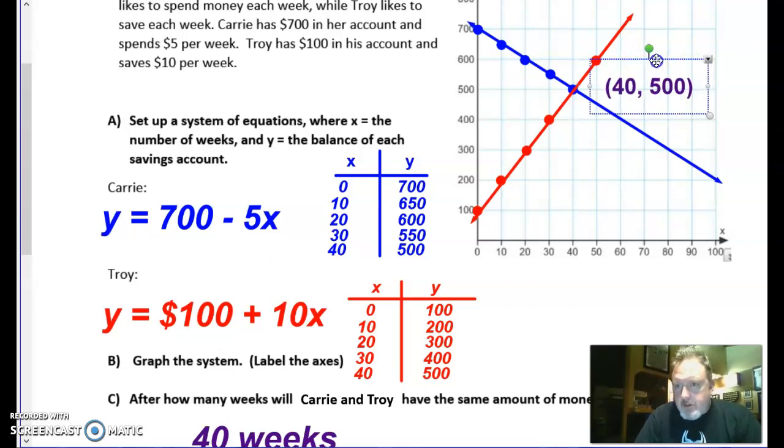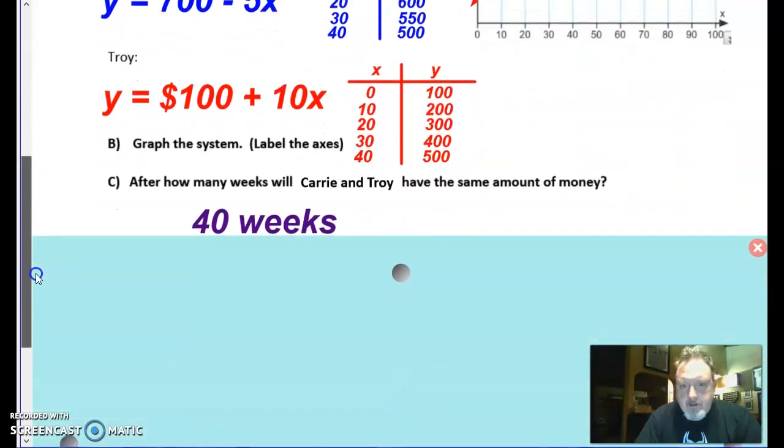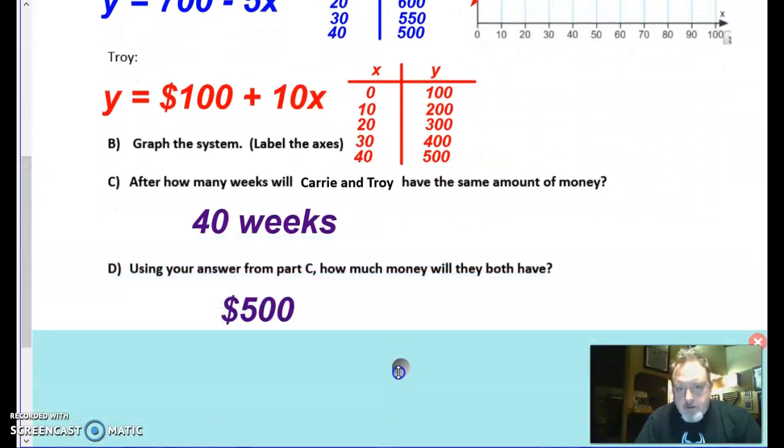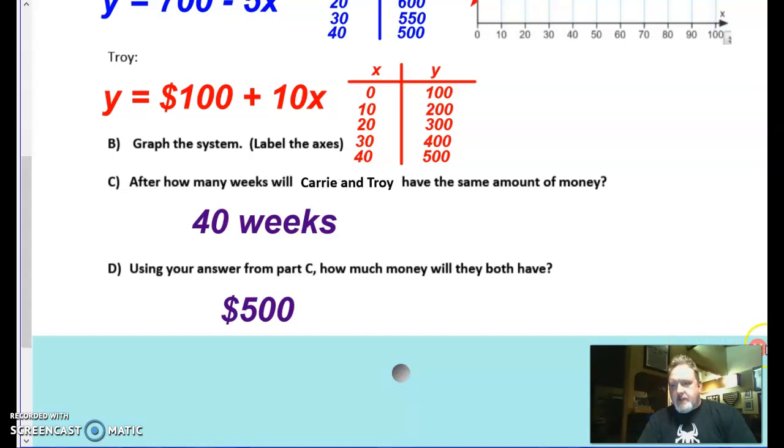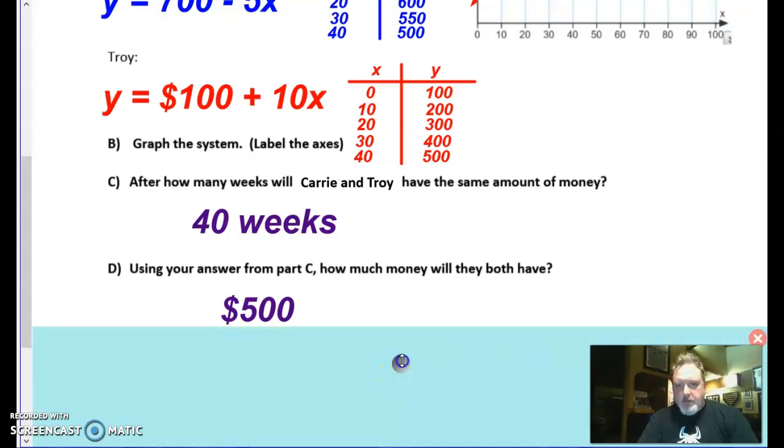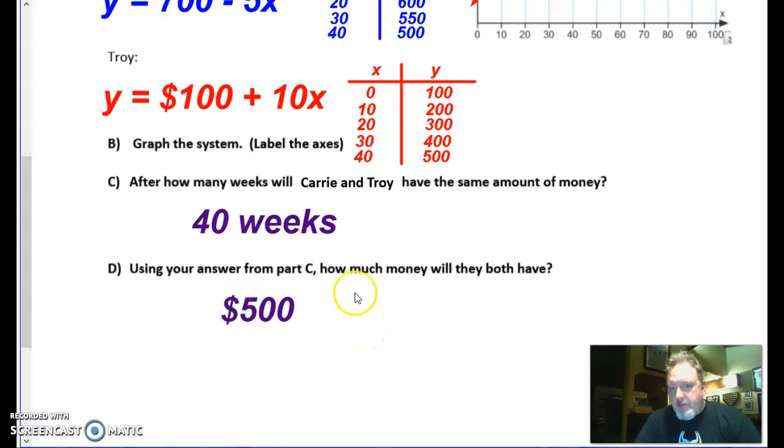So there's our intersection point, (40, 500), and then we can add our last answer in here. That question was, using our answer from part C, how much money will they both have? They'll both have $500.